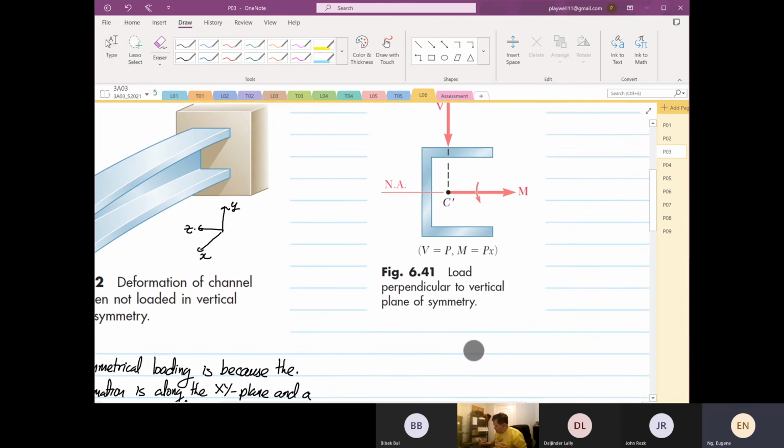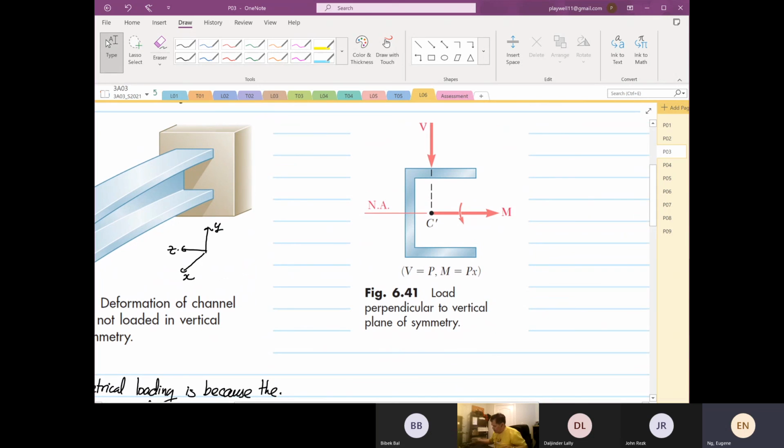So the reason why, if I were to draw the axis of the structure centroid, we know that this is the centroid, and I'm going to divide this into left and right of the centroid.